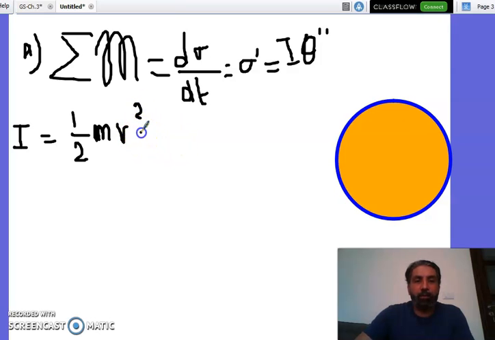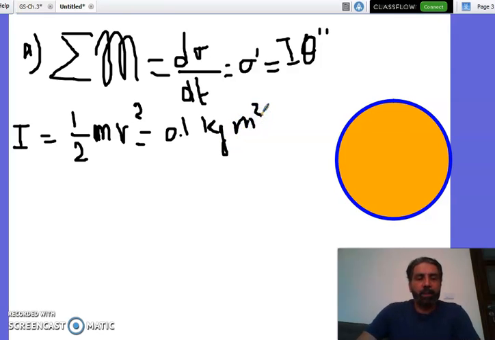Okay, now if you do the calculation, we have the mass and we have the radius, you get 0.1 kilogram meter square. Okay, now what are the forces acting on the disk?